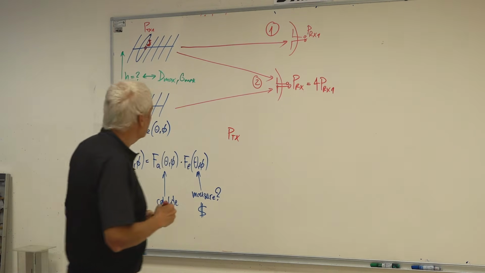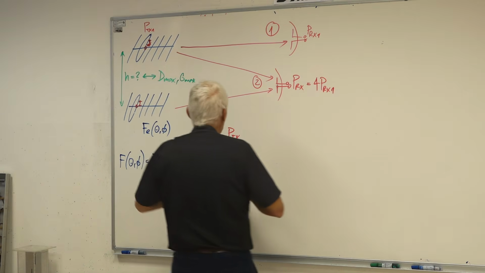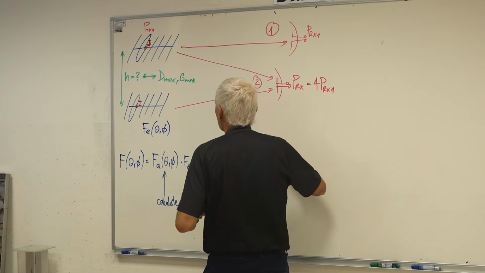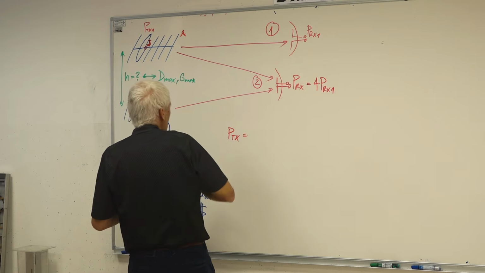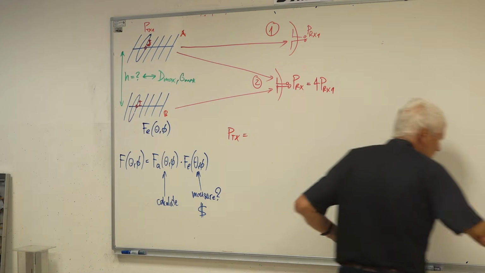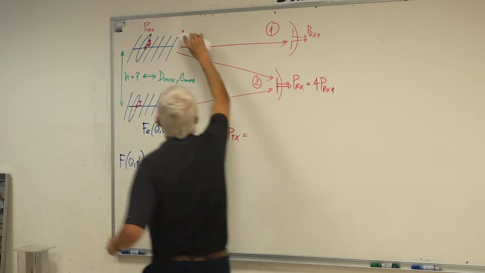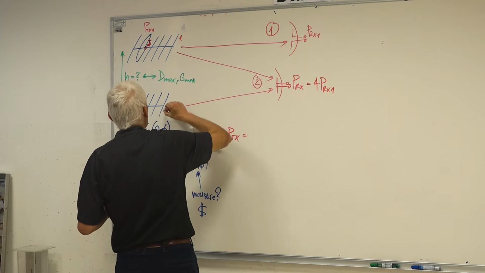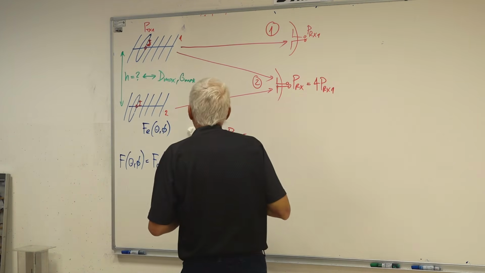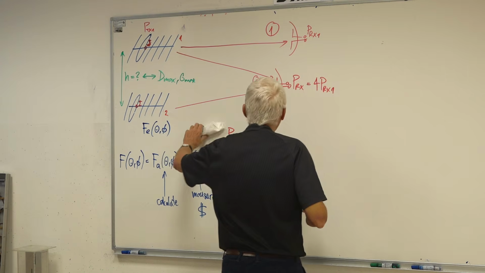It's the power in the first antenna. So let's say this antenna A and this antenna B, or better to call it antenna 1 and antenna 2. It will be easier to write the equations that way. So it's the power in antenna 1 and the power in antenna 2.